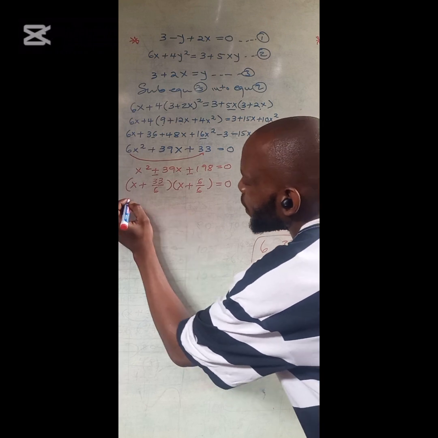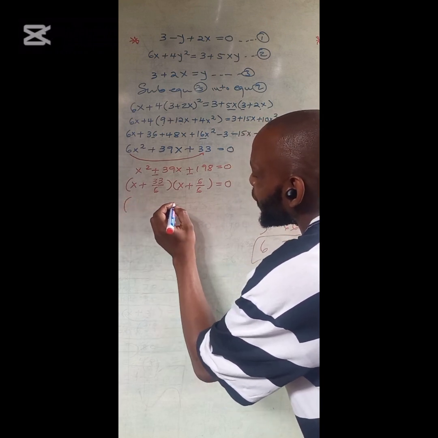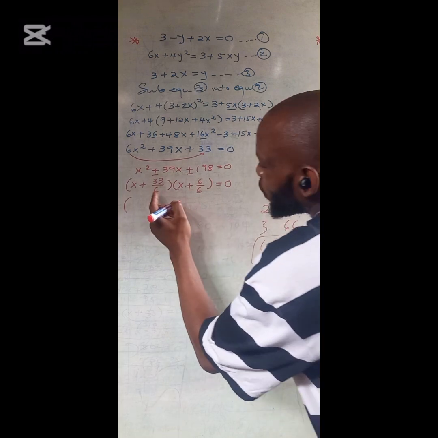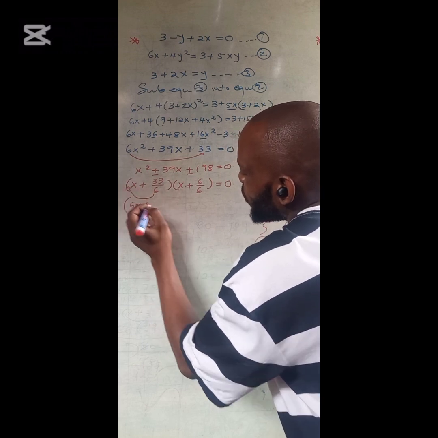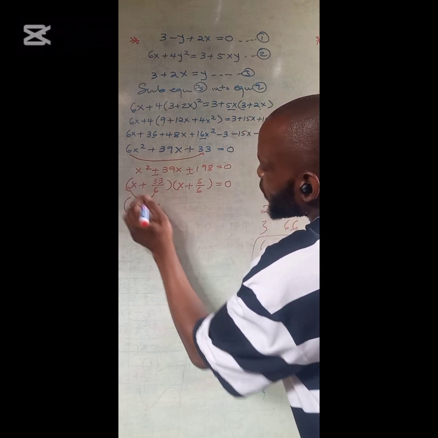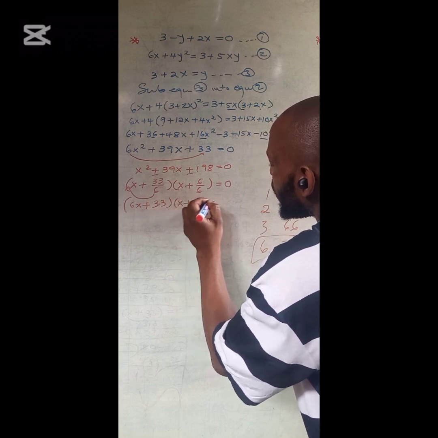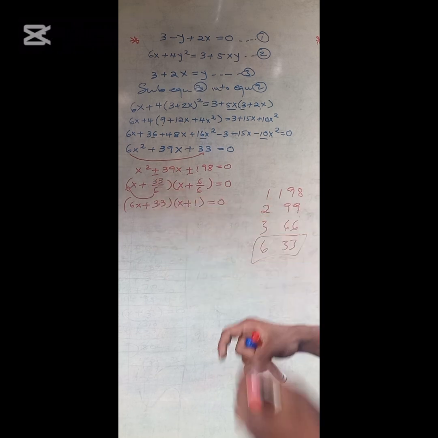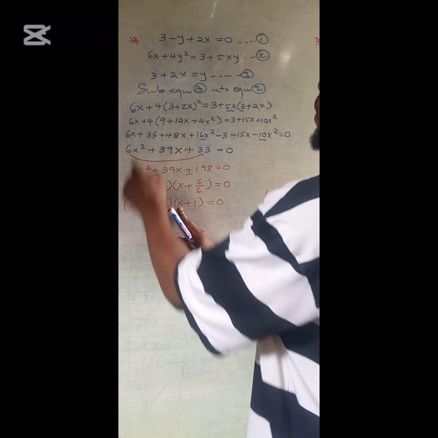So in this case, remember now, this by this 6x, this multiplies that, and then 33, and then this will be x plus 1 is equal to 0. This can be simplified to 11 over 2, right? But then you remember when we factorize these two, they must give us the first term.